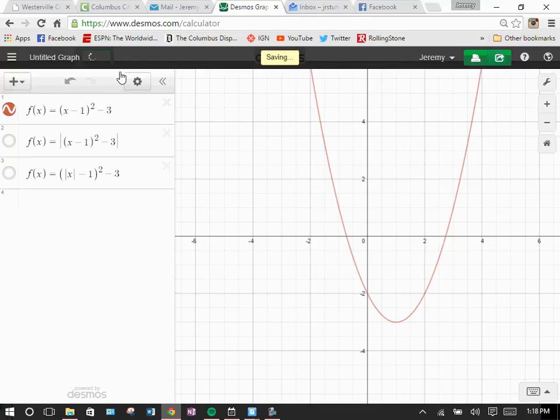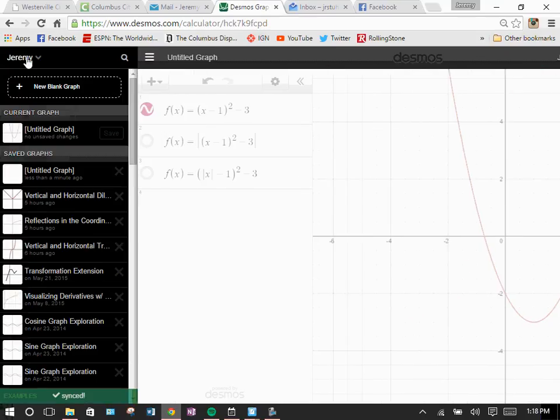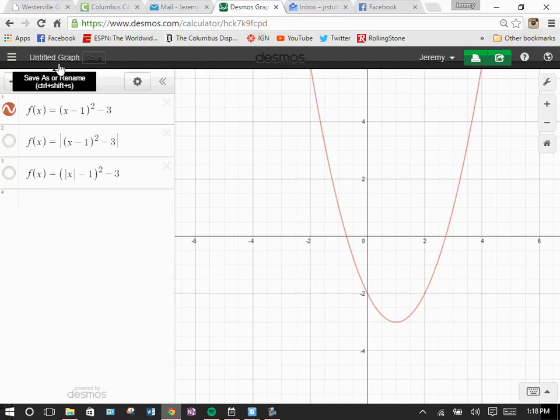Hold on one second. Let me save this. All right. So it says, once signed in, open the vertical translations and horizontal translations graph. This is what your screen would look like. You see this part up here, these 3 little bars.